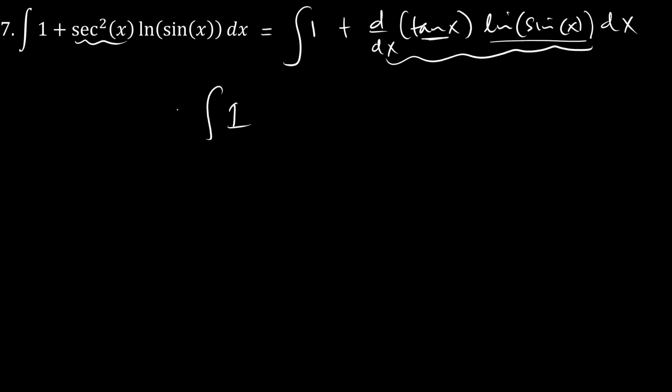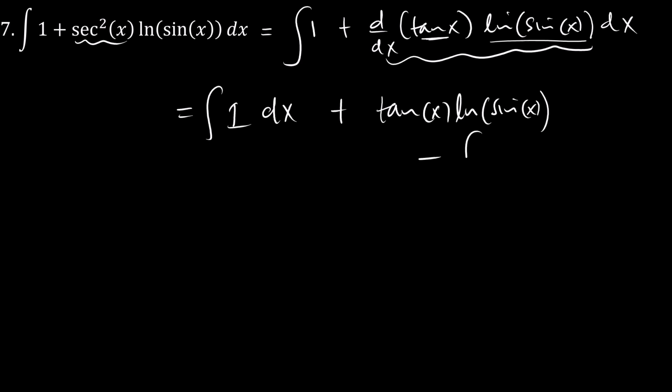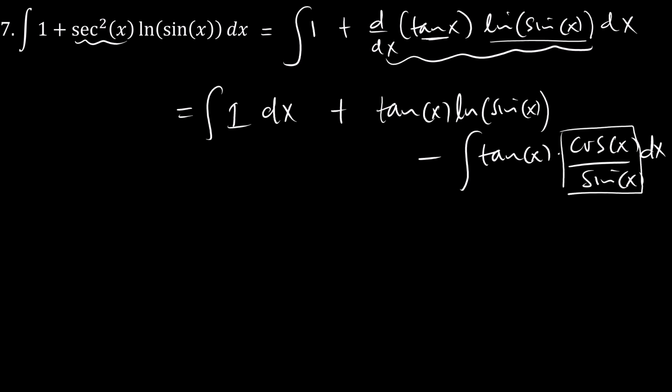the integral of that plus uv, which is tangent of x, minus tangent of x times the derivative here, where we have cosine of x over sine of x. And since this part here is a reciprocal of tangent of x, this cancels and we do have 1, right?